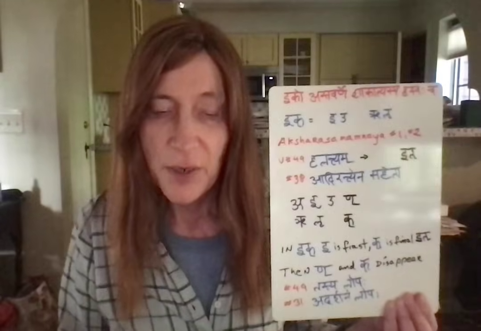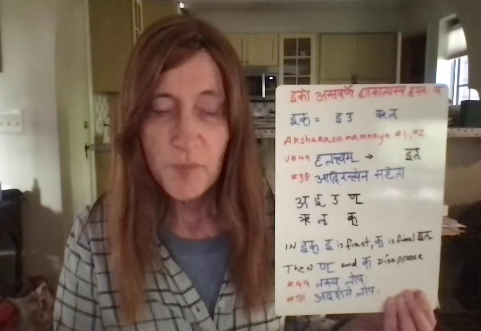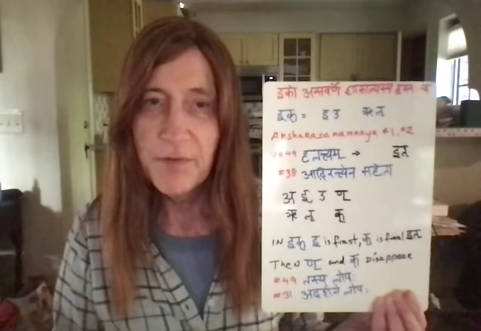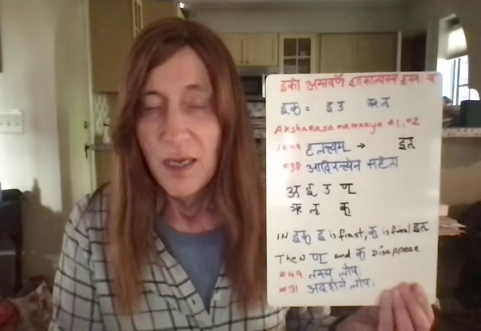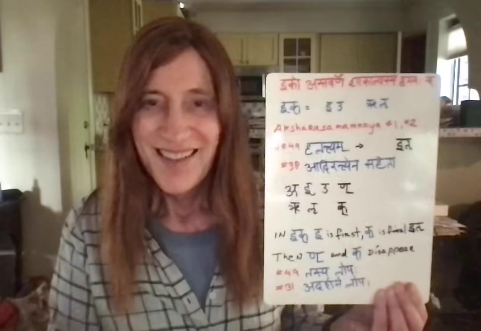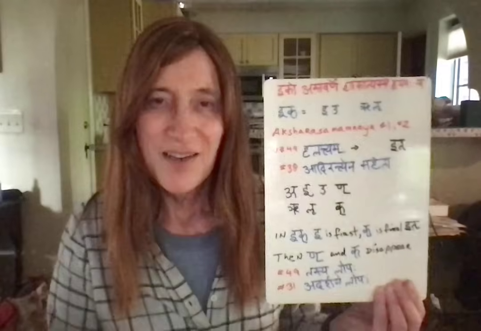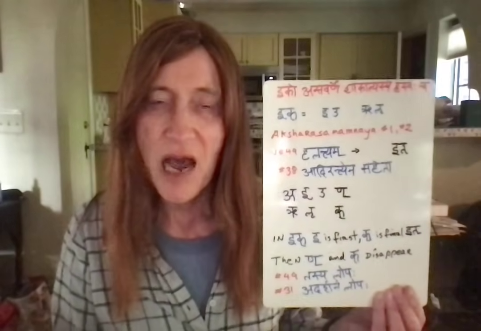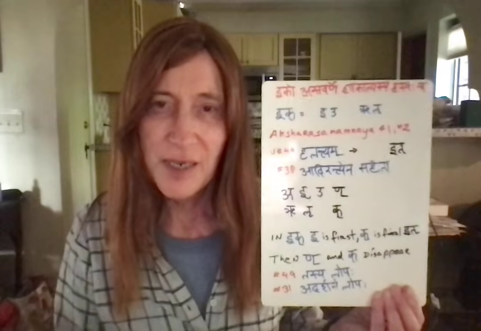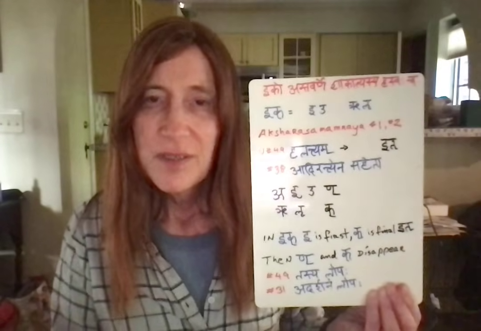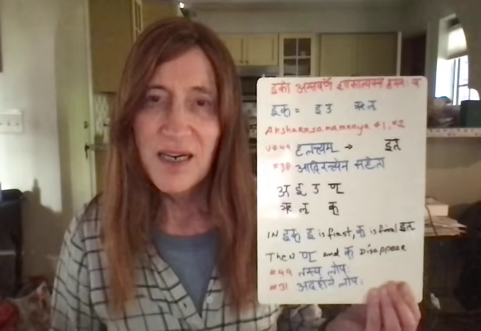Then we need to know about the halantyam, the final. A-I-Un, the first sutra of the Aksharasamamnaya, ends in n. The next one, Ruluk, ends in k. N and k are halantyam.